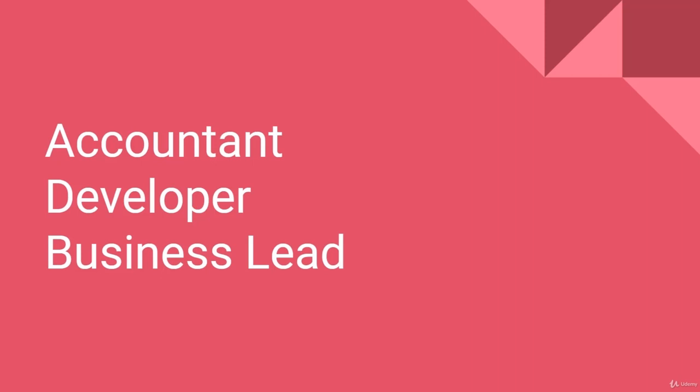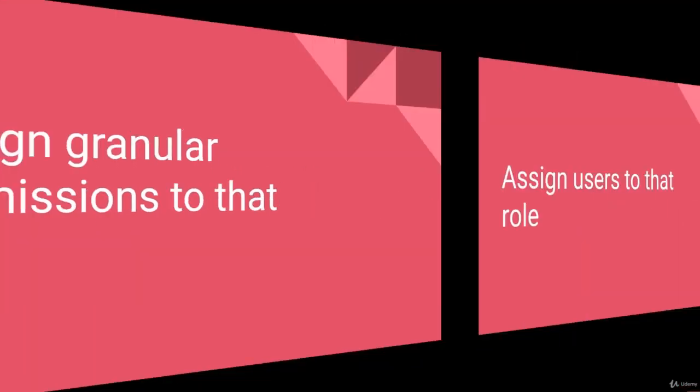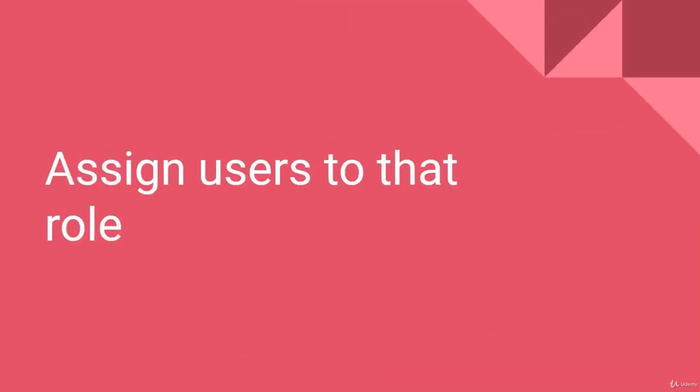And in this way, if your company has 1,000 employees, you do not need 1,000 different profiles for security. You'll maybe only need 20. Okay, so you can then assign the employees to the roles. So you give really granular permissions to those roles, and then those people inherit those roles.